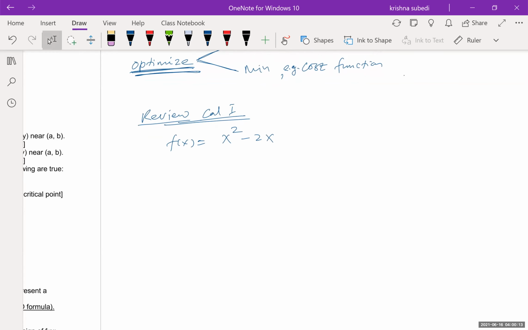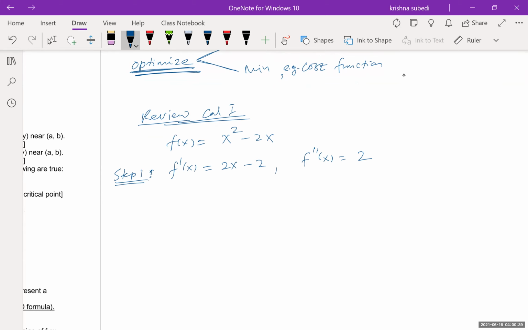To find the maxima or minima, you first find the first order derivative, which gives you 2x minus 2. And then you also find the second derivative, which gives you 2. This is your step 1: find the first and second order derivative.